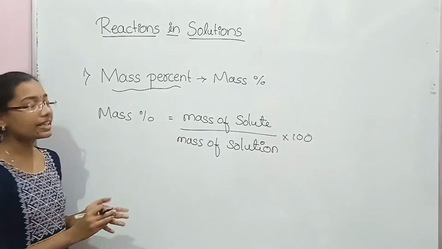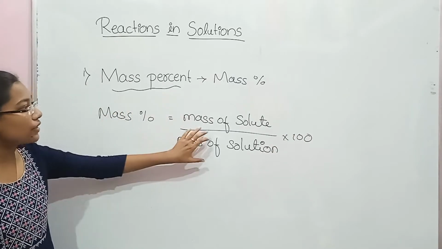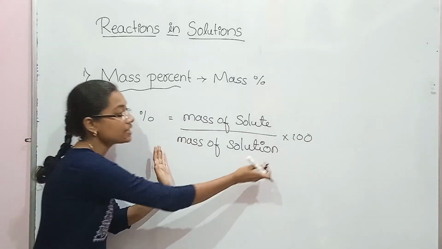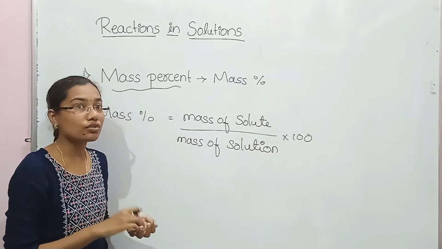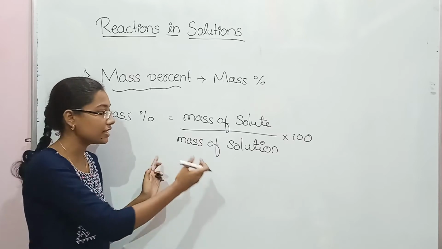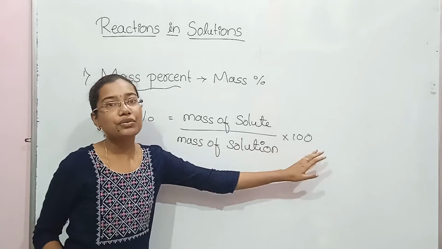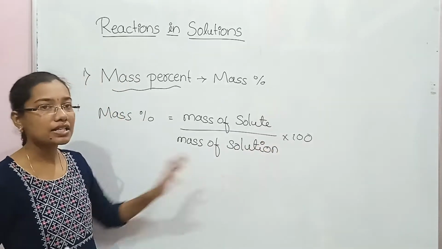This is how we can calculate the mass percent. Here we have to take the mass of the solute, that is divided by the total mass of the solution. Not only are we taking the solvent here. Here it is the total mass of solution, that is multiplied by 100. Then we'll get the mass percentage.